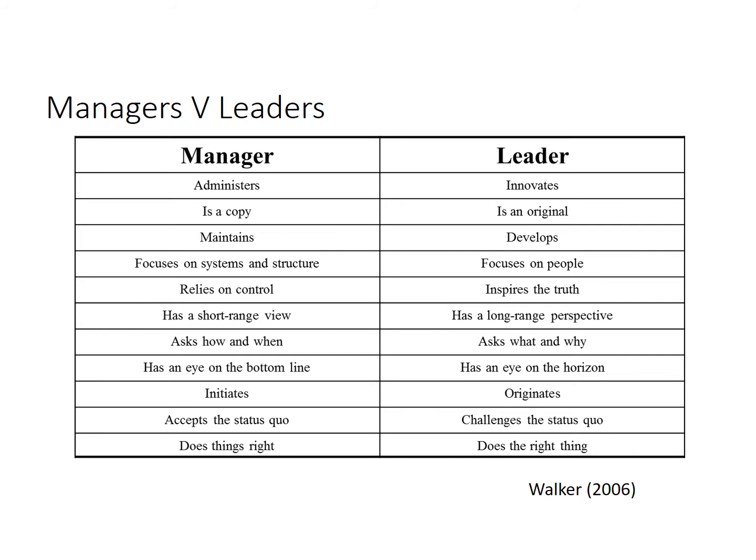He develops, focuses on people, inspires trust, has a long-range perspective, asks what and why, has an eye on the horizon, originates and challenges the status quo, and also does the right thing.